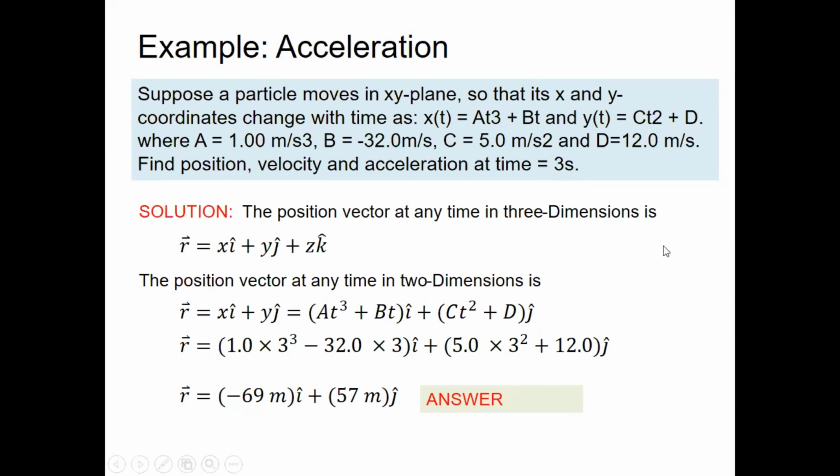So if I have to draw this, I can show that it will be the negative x-axis, and it will have a value of 69 units on the graph paper from 0 in the negative direction. But it will have a positive vector value along the y-axis, and it will show as 57 meters or 57 units on the y-axis.